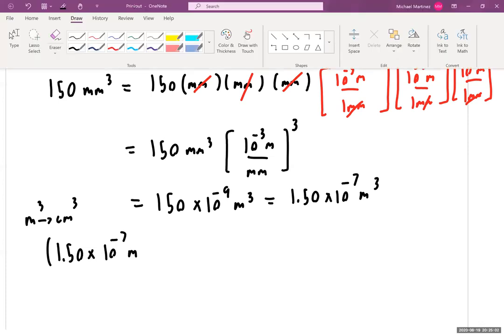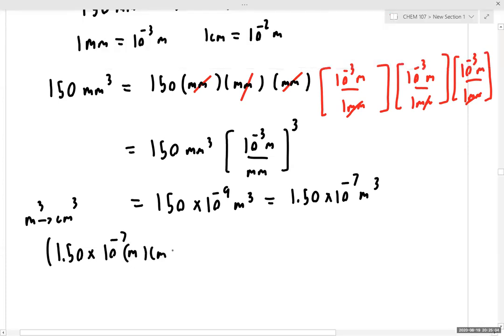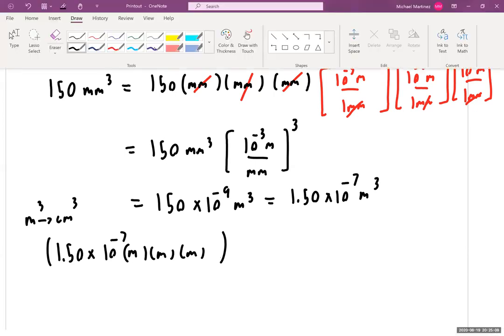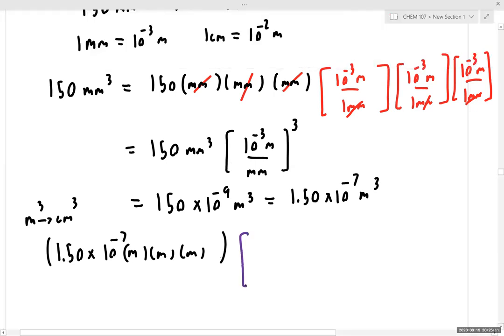And I'm going to write this as meter times meter times meter, just so that no one forgets to convert every single one of these units. We want centimeters on top, exactly right. And we know 1 centimeter corresponds to 10 to the negative second meter.